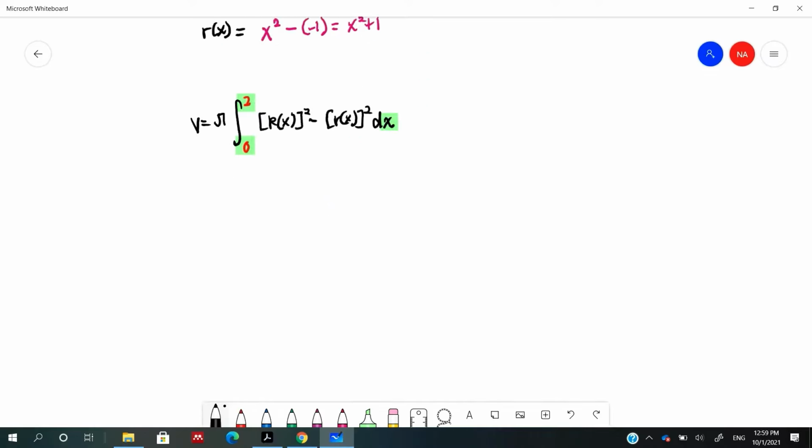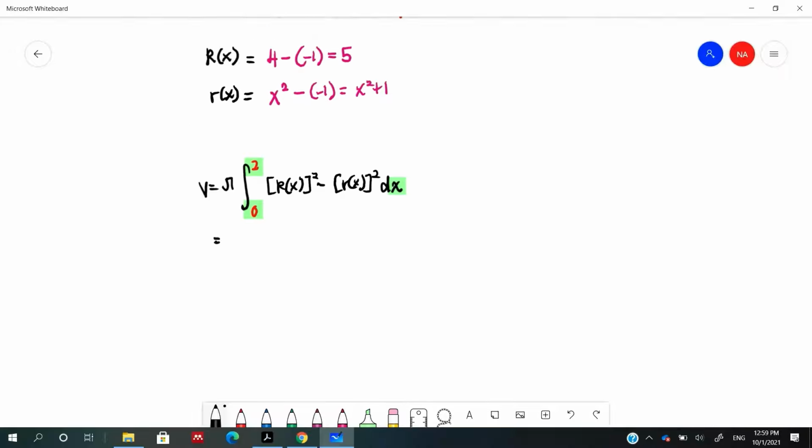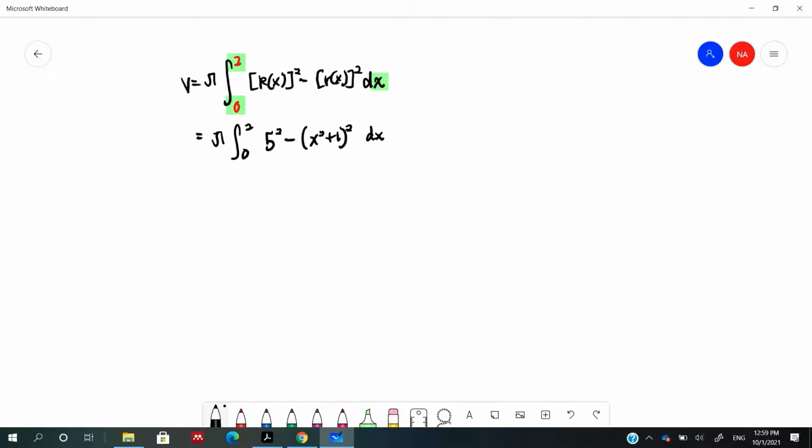Now we substitute inside the formula, so we have pi integrate from 0 until 2 of 5 squared minus (x squared plus 1) squared dx. Then we will have pi integrate from 0 until 2 of 25 minus, inside the bracket first, x to the power of 4 plus 2x squared plus 1 dx.